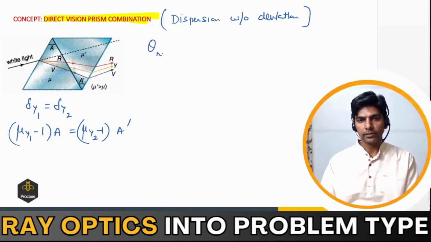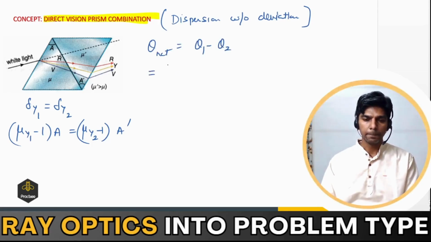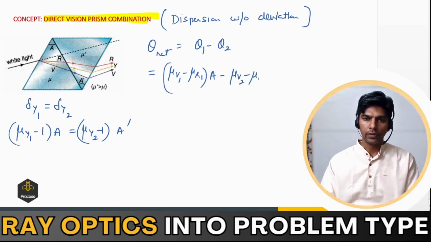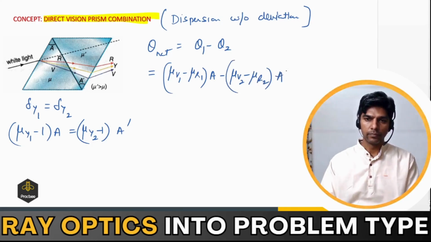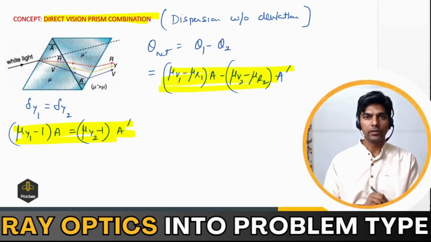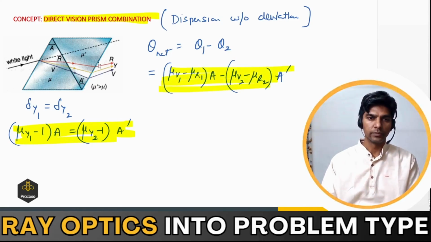So theta net will be theta 1 minus theta 2. So that will be mu v1 minus mu r1 times A minus mu v2 minus mu r2 times A prime. So these two formulas you have to remember. That is the condition for direct vision prism combination, and this is the net angular dispersion produced by this combination.